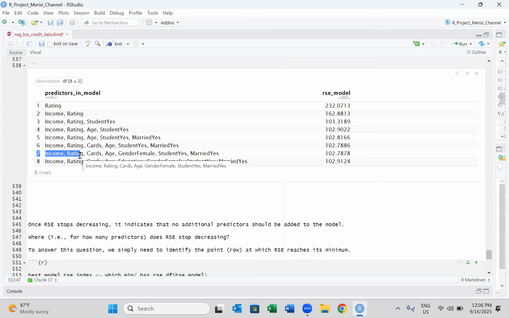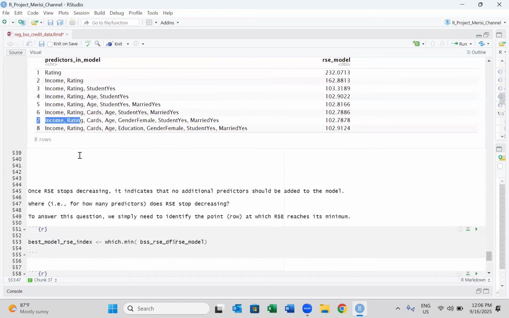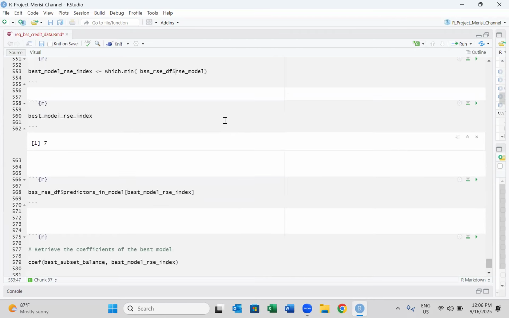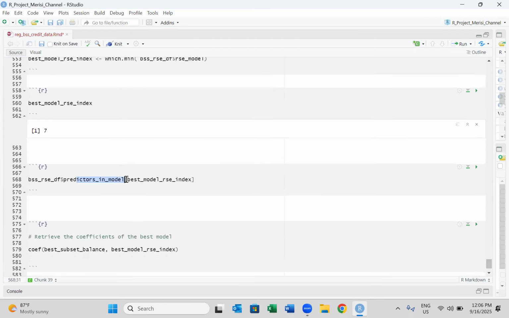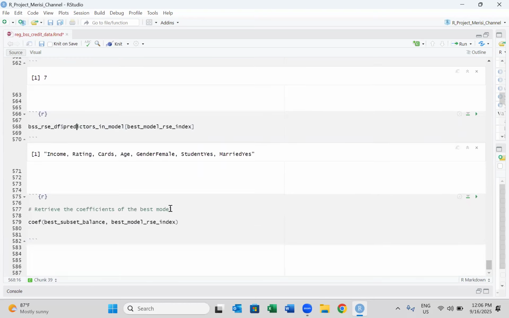Okay. So at this point, what we need to do is just retrieve the names of these predictors. Using the index, we can retrieve the names of the predictors with this code cell right there. Those are the 7 predictors. And then what we need to do, as I told you earlier, is get not only the names of the predictors that form the equation, but also their coefficients.